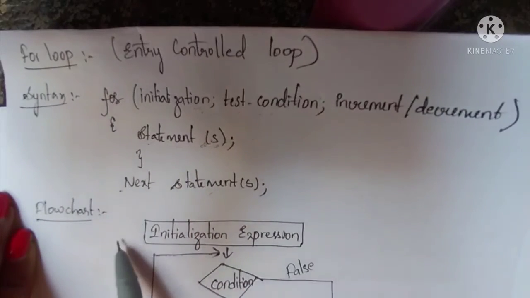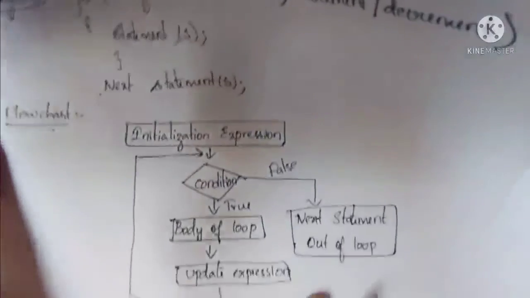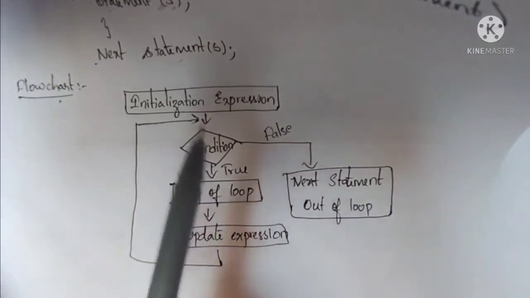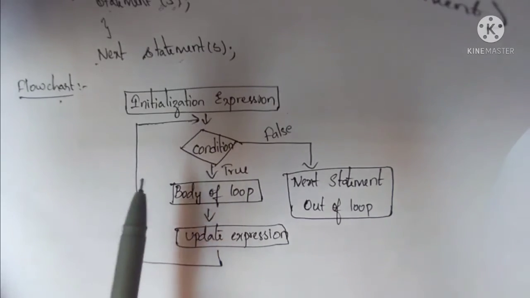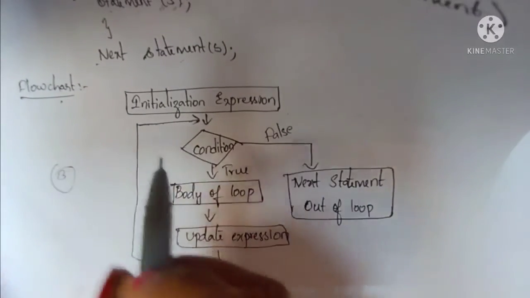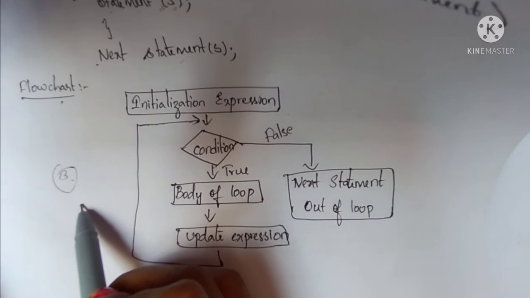Next we'll see the flow chart for the for loop. See here, we have three expressions in the for loop. First one is the initialization, next one is the test condition, and third one is the increment and decrement operators.